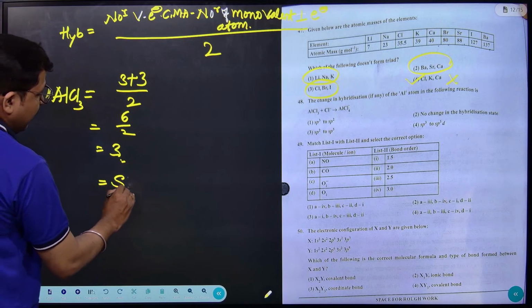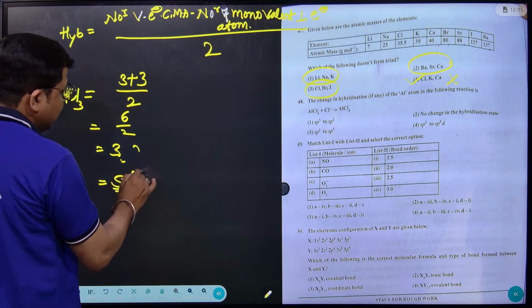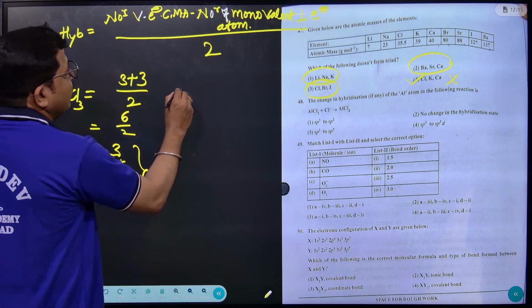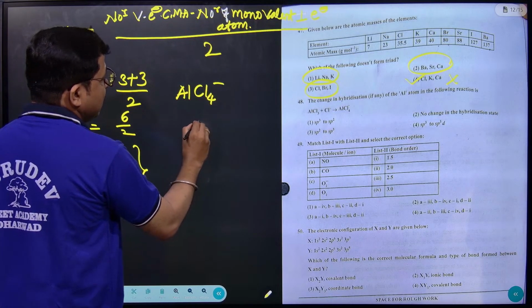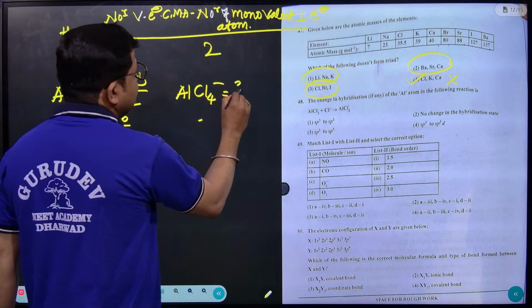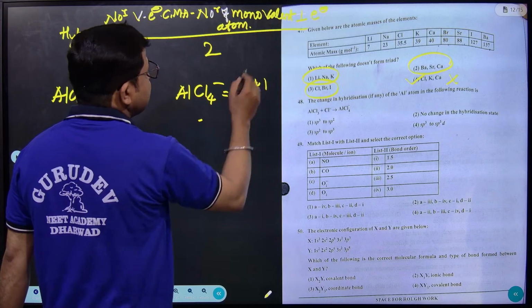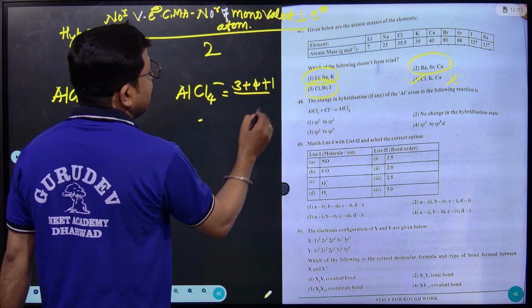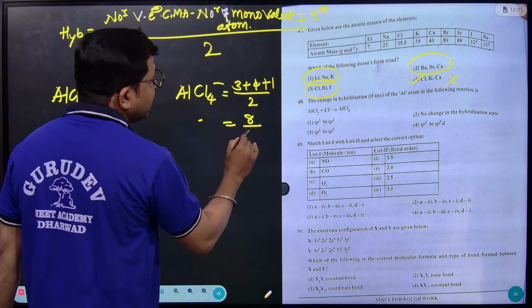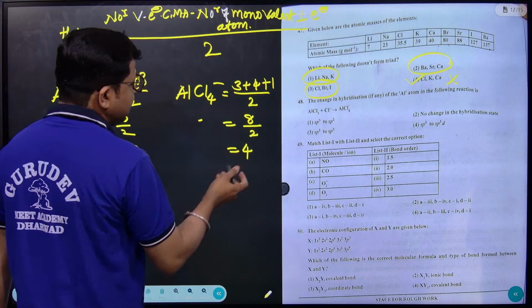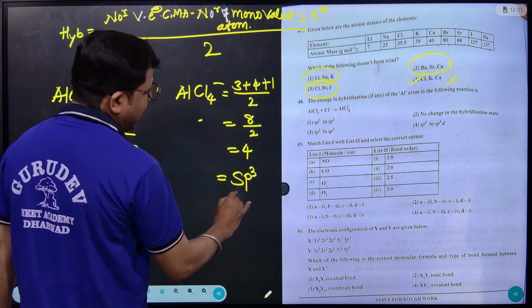So sp2 hybridization: 1 for s and 2 for p, total 3 electrons forms sp2 hybridization. And for AlCl4 minus, this is quite different: 3 plus 4 plus 1, divided by 2, that is 8 by 2, equal to 4 electrons, and these 4 electrons are responsible for the formation of sp3 hybridization.